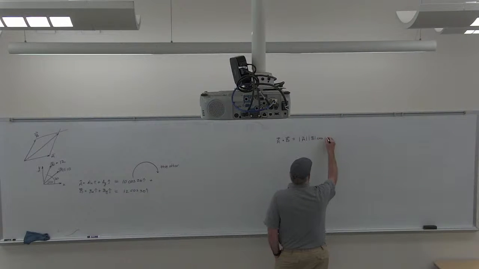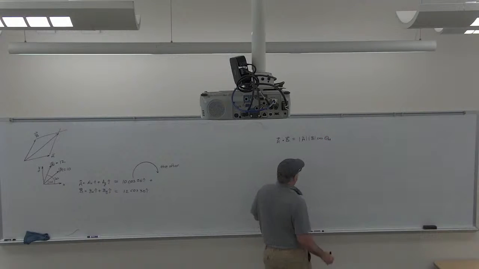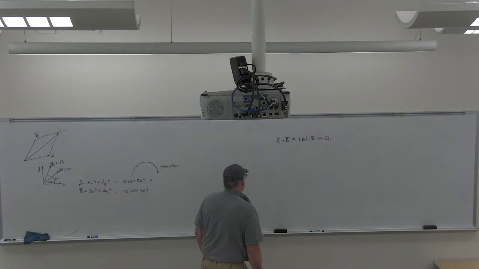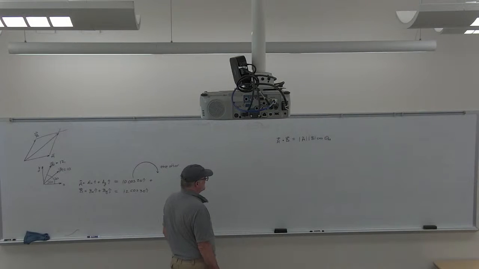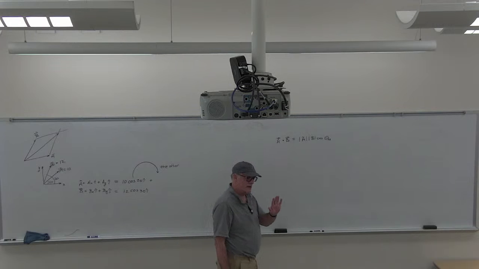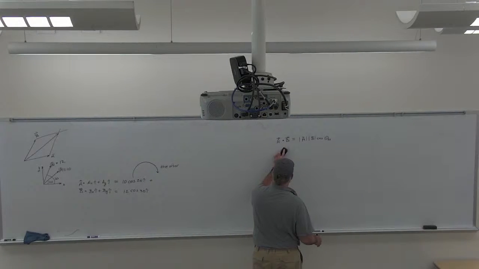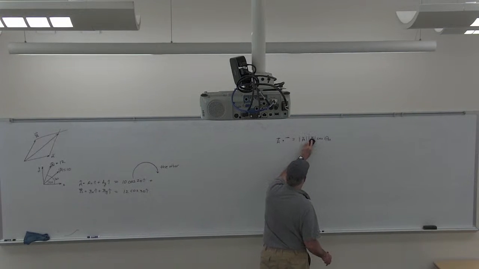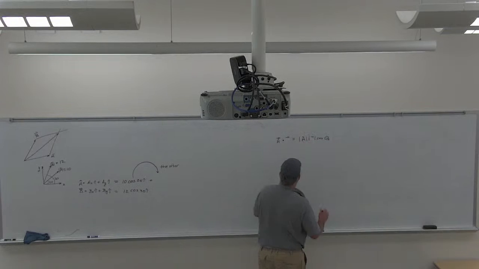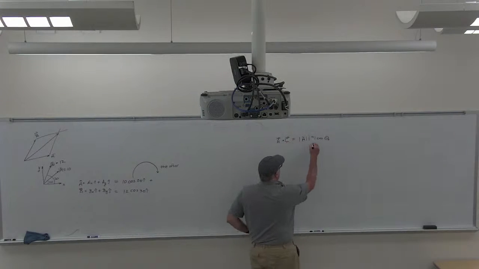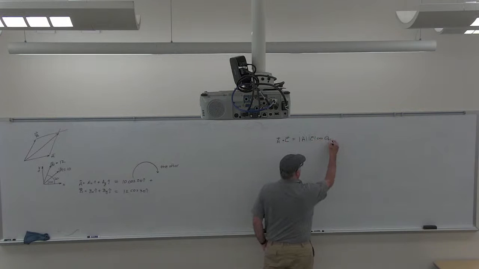In math textbooks, they sometimes write it like that, the angle between A and B. It doesn't really matter whether it's A or B or C or D or E. Since I already have an A and B, I'm going to change this to another one called C. So it's just some vector C.